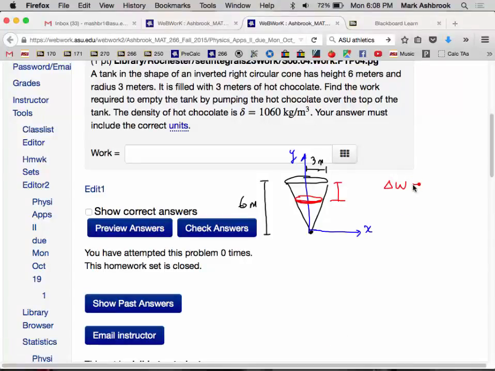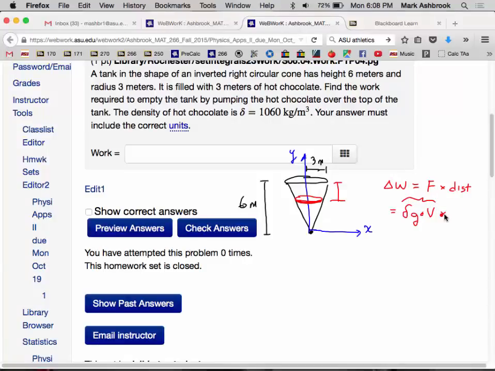What's the little bit of work to move that layer? It's going to be force times distance. And the force is going to be the weight. So this mass density times g, that's the weight density, times volume. That's the force.